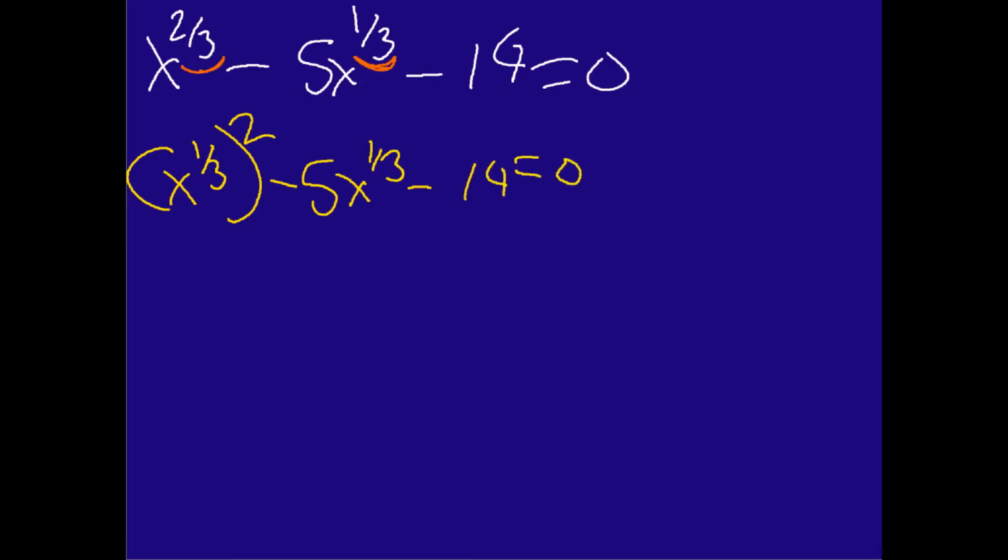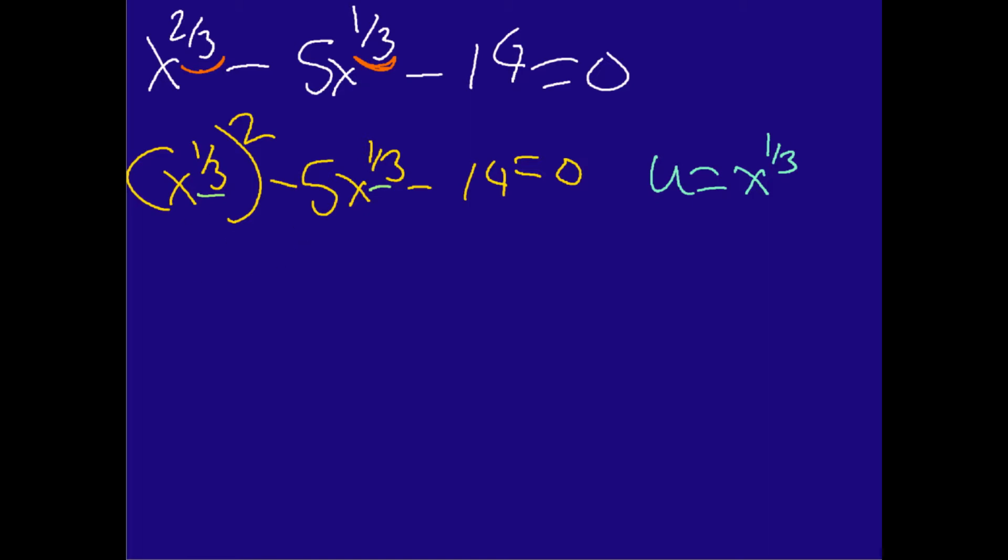Now here is the benefit of doing this. We have a 1/3 here and we have the 1/3 here. So we can say u equals x to the 1/3 power. Wherever we see an x to the 1/3, we replace it with a u. And so now we end up with the following.